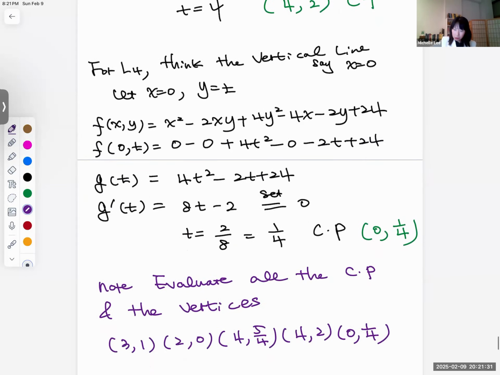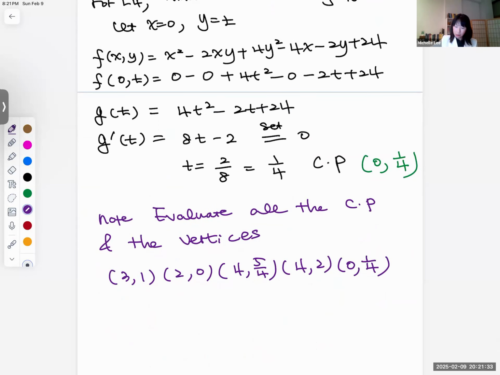Let's just see that 4, 2 is correct, right? 0, 1 over 4. 1, 2, 3, 4, 5. Yeah? Okay. That's the critical points.